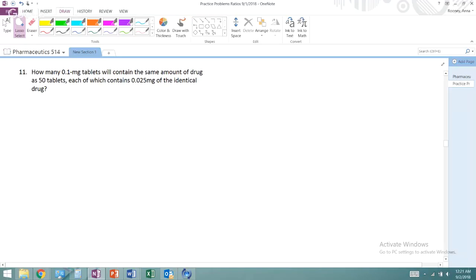What I did, wait, how many tabs will contain the same amount of drug? Okay, I think they want to find out if you hypothetically have 50 tabs, and then you multiply that to find the total amount of milligrams that those 50 tabs have. And they contain 0.25 milligrams.